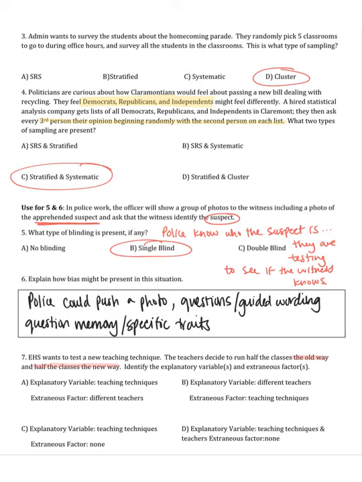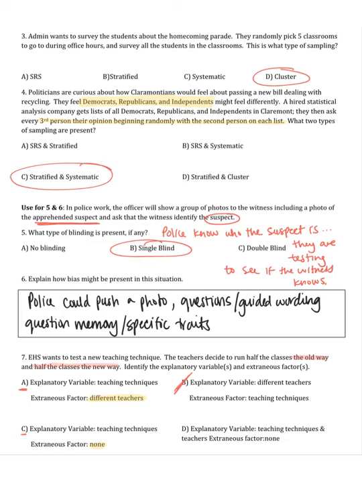So teaching technique, so A is possible, B is not, C is possible because teaching technique is our explanatory, and D is possible. Okay, so now let's look at the extraneous factors that we have listed here. Different teachers. There's none.